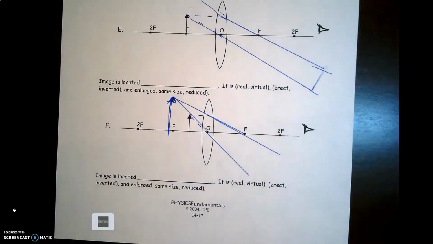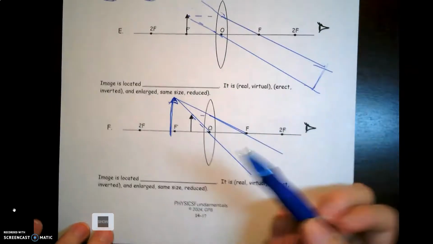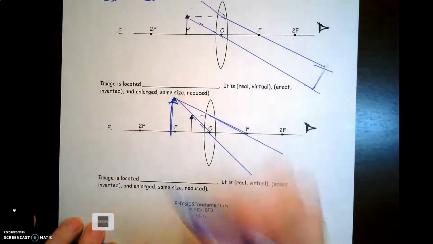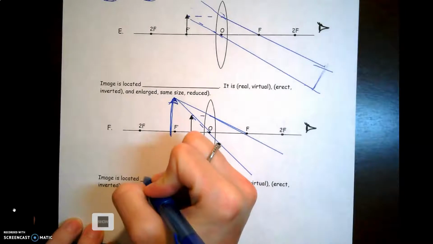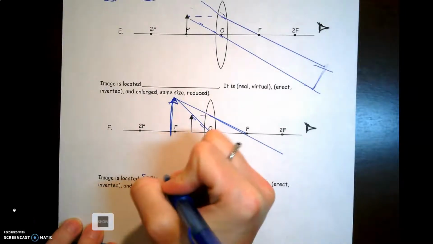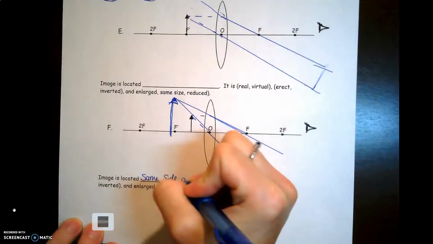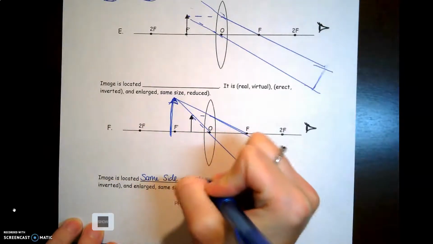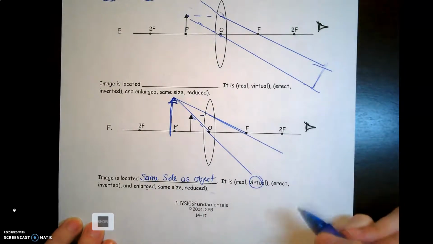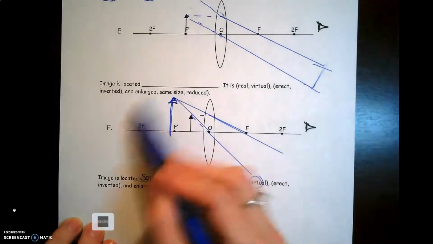So this one's a bit different from what we've been looking at. The image is actually located on this side of the lens, the same side. It would be considered a virtual image, meaning it's located on this side of the lens, the left side.